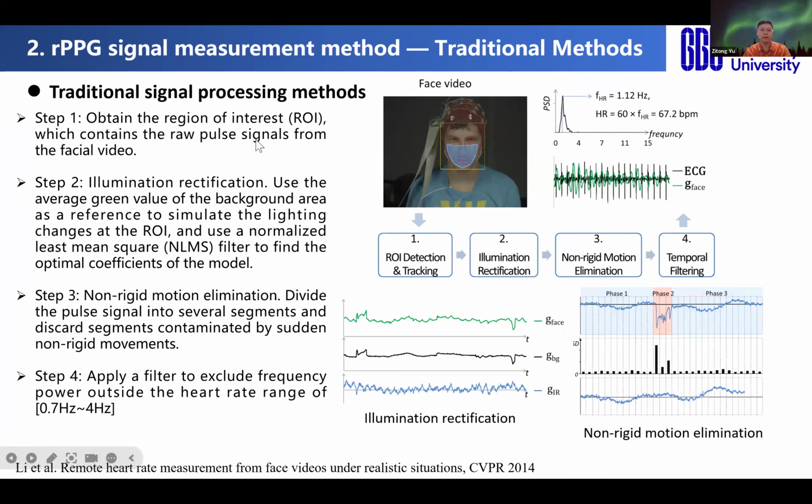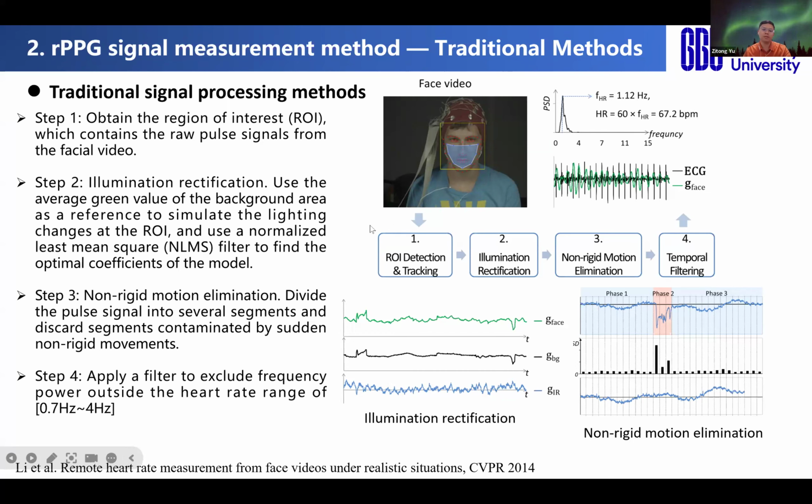And this is also a very classical paper, because this is the first time to measure it in some realistic situation. What is a realistic situation? In this paper, they define it as with changing illumination and with some large head motion or expression. They think it is a realistic situation.